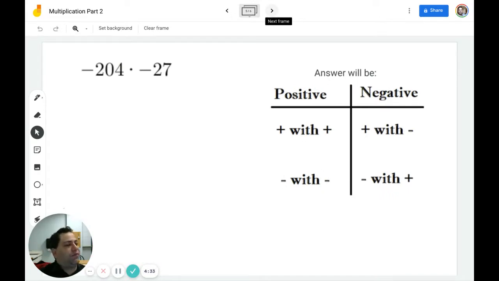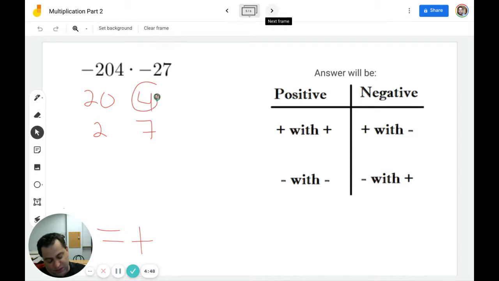In this next problem, we have negative 204 times negative 27. So again, a negative times a negative is going to be a positive. I write my box out to be 2, 0, 4, 2, 7. 4 times 7 is going to be 28. 4 times 2 is 8. 20 times 7 is going to be 140.